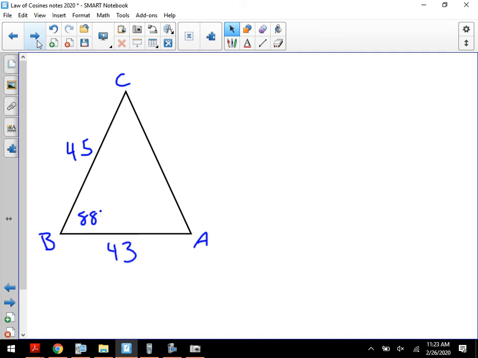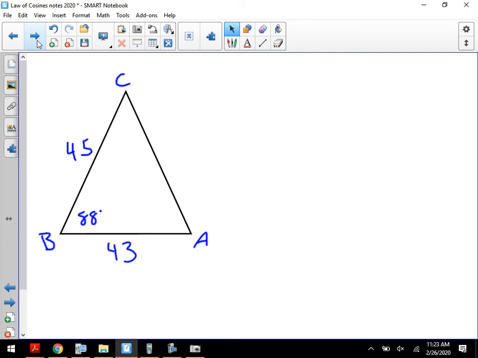We are going to use this if you have what's called side angle side, or side, side, side. Remember, side angle side is when you have an angle in between. Side, side, side is when you just have the 3 sides. Again, this is still a triangle, still 3 sides, 3 angles.